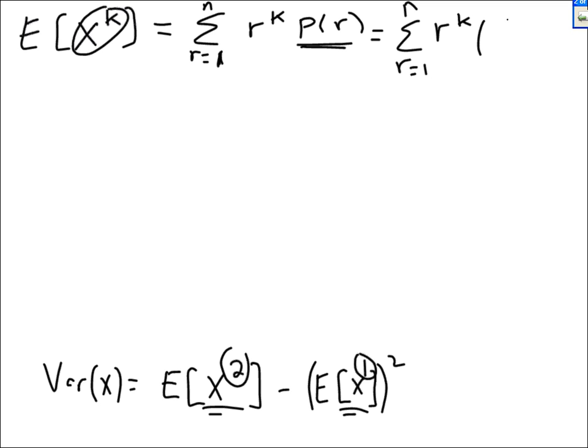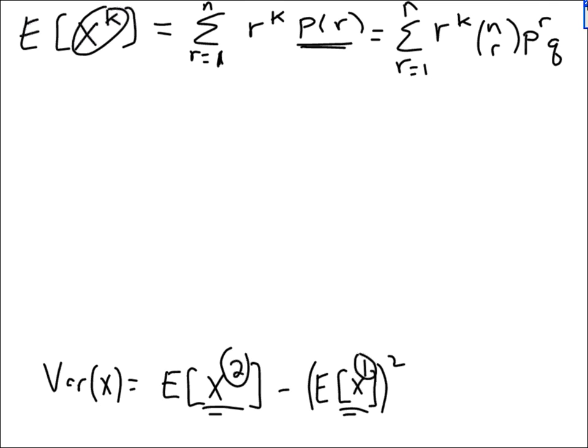Since this experiment is being done n times, it's n choose r, p to the r. I'm going to use a different notation. Instead of writing 1 minus p, it's customary in probability theory to just call it q.